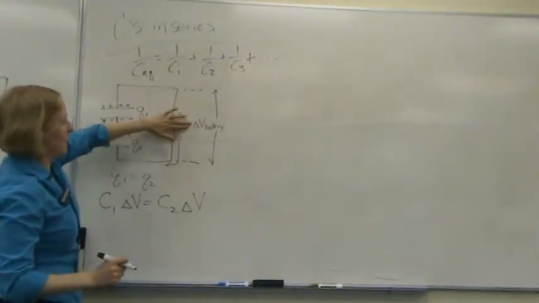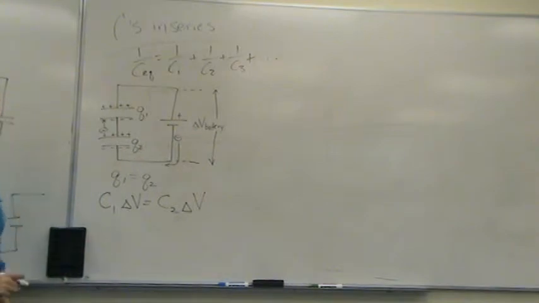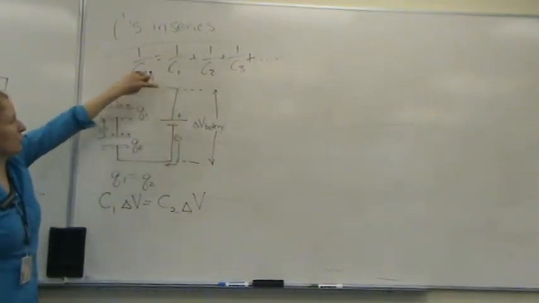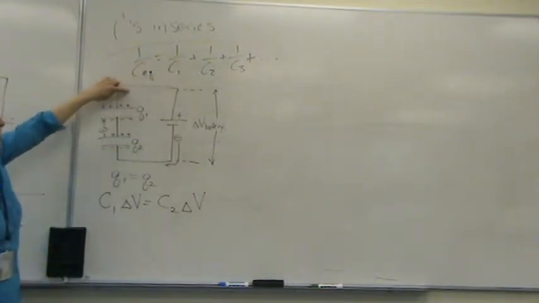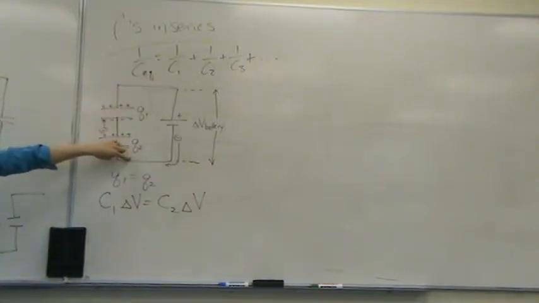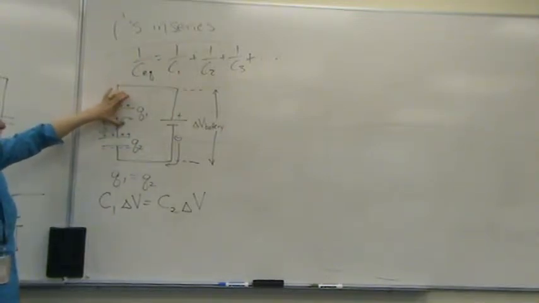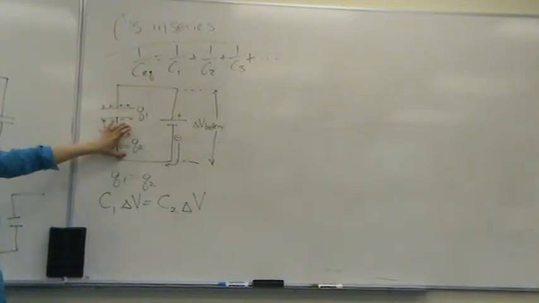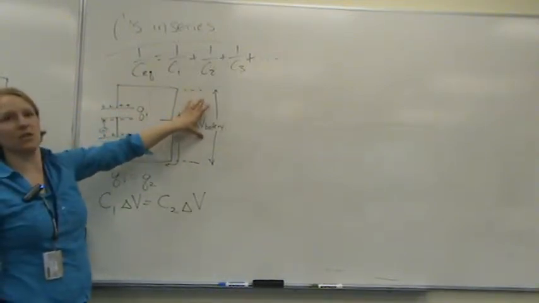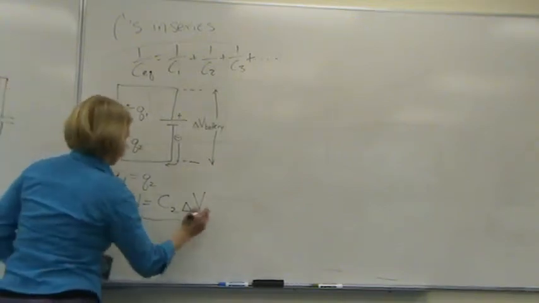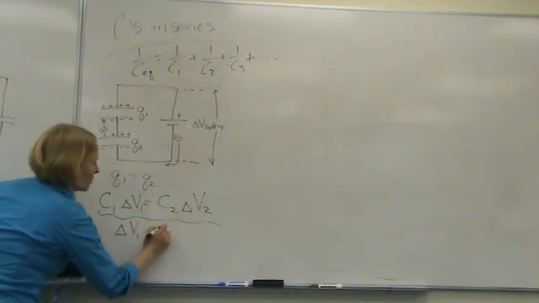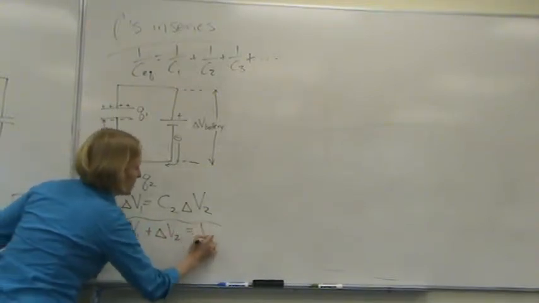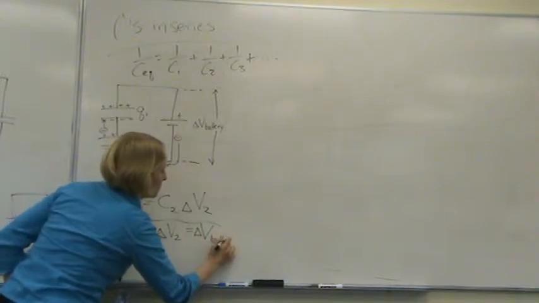We're going to talk more about this next week, but whatever potential difference the battery creates is the potential difference that's used up by the devices in here. So there's a potential across this capacitor and a potential across this capacitor, and they've got to add up to equal the potential of the battery. So delta V1 plus delta V2 has to equal delta V of the battery.